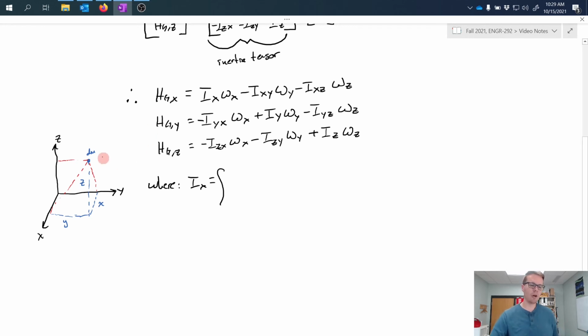Again, I've only drawn here a single differential unit of mass, but if my rigid body is some shape around this, each little spot within that rigid body has some differential unit of mass. And so I would integrate in order to sum those all up. So I would get an equation of this form for x, and similar equations for my remaining moments of inertia.